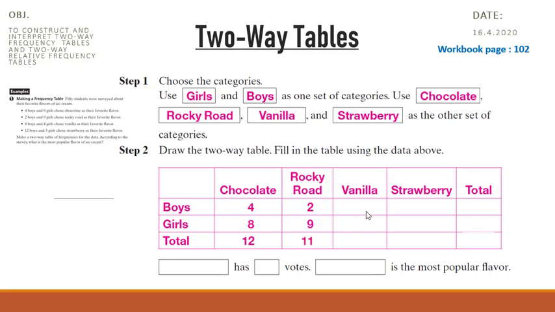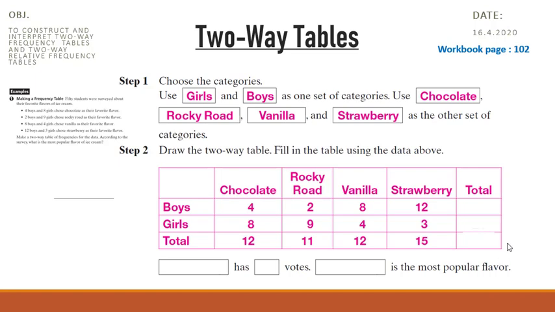Vanilla are 8 boys and 4 girls, so it's 12. Strawberry, 12 boys and 3 girls, so that's 15. And then we will find the total of boys and the total of girls, and of course the total of total.